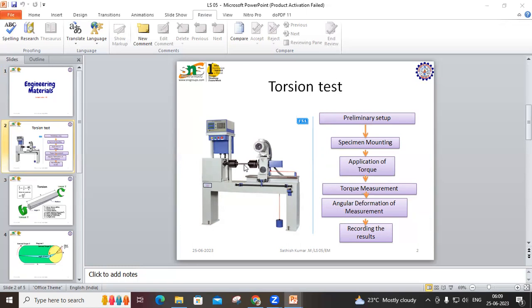So why do we need to test torsion? Consider the propeller shaft in an automobile, which transmits power from the engine to the wheels. There exists a twisting force, as it has to drive the energy from the engine to the wheels, which carry the load.